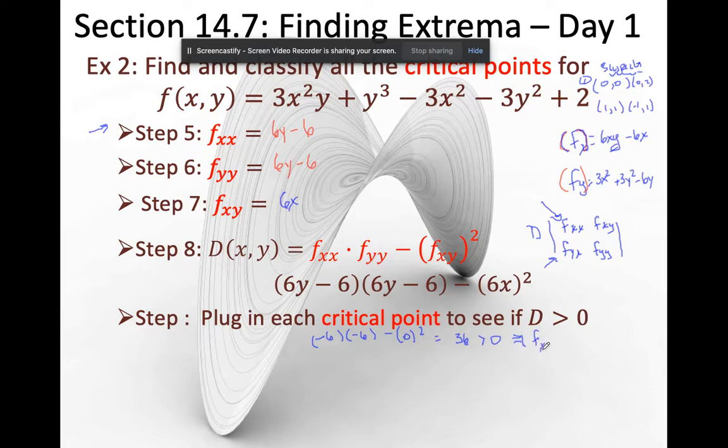So then check the second derivative at the point 0, 0, and you get -6. Therefore, you have this situation, and 0, 0 is a local max.